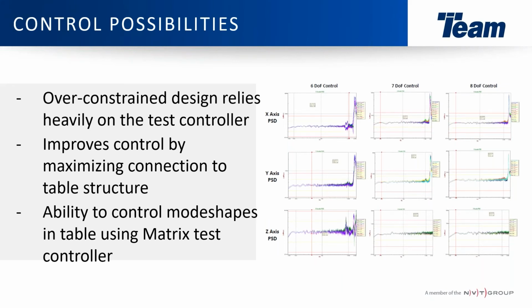So the over-constrained design of the tensor relies heavily on the test controller for providing the control, both from the input as well as measuring and responding to that input and modifying the control parameters to drive the system, especially through the 2 kilohertz bandwidth.